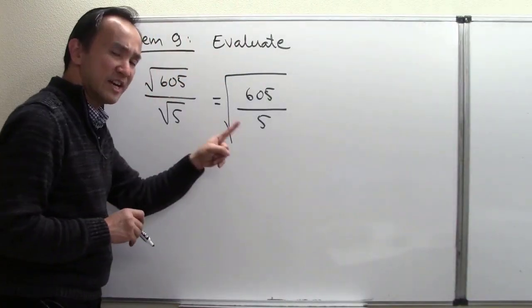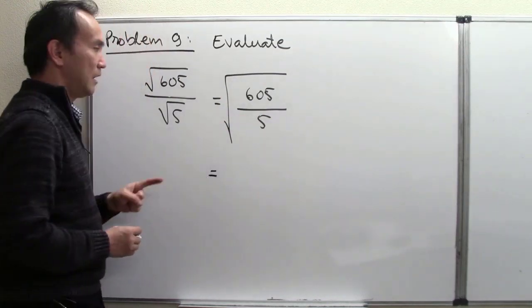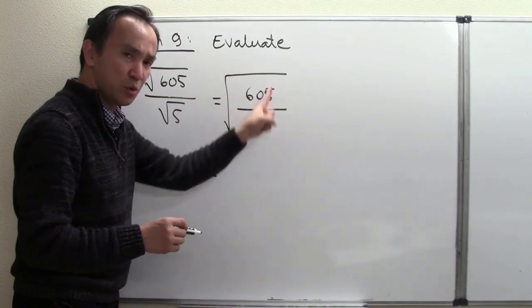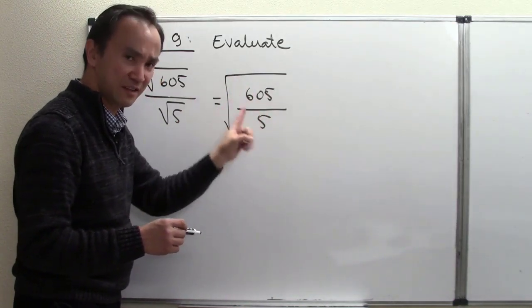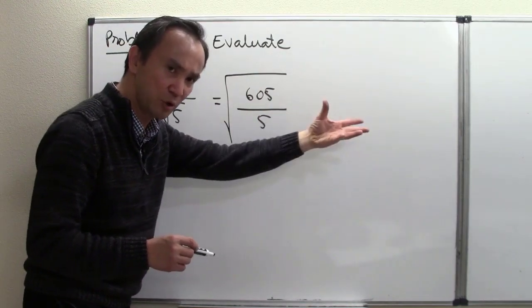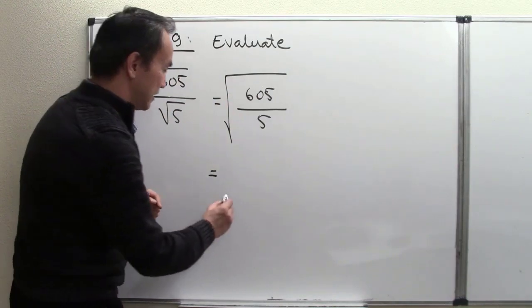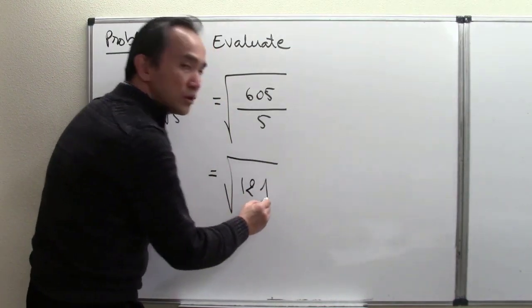And so how is that useful in this problem? I can see that 605, now combined into one quotient, order of operation says you can go ahead and divide. 605 is divisible by 5, so we can easily divide 605 by 5, making it the square root of 121.